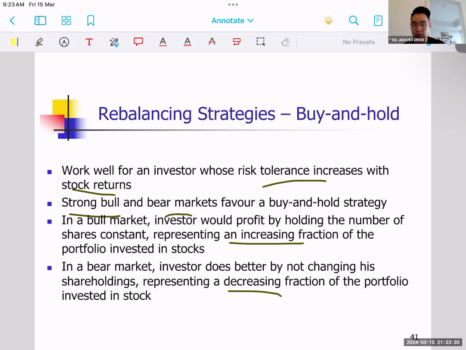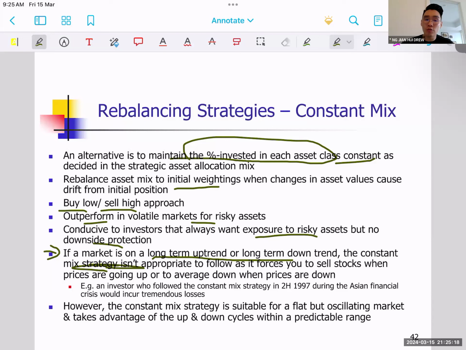Now, the interesting thing is that for a constant mix strategy, for a long-term uptrend or downtrend, the constant mix is not appropriate. Why? In a constant mix strategy, remember, you are trying to maintain a stock percentage. Let's say 30% stock, 70% risk-free, RF, right? So whenever your stock breaches the 30% because the stock price is going up, what do you have to do?